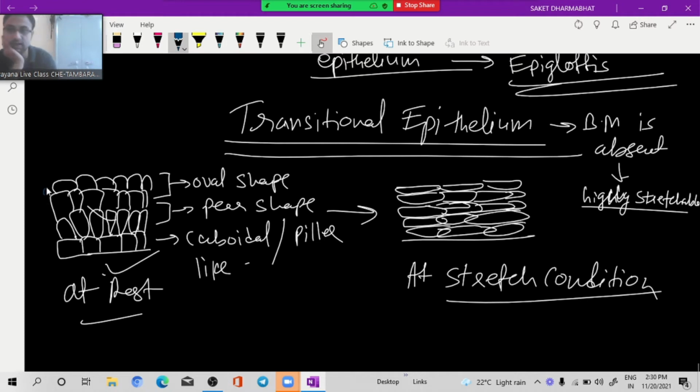One layer of cuticle is also found here. Which layer is this? Cuticle layer. So this cuticle layer makes the surface of the transitional epithelium waterproof.